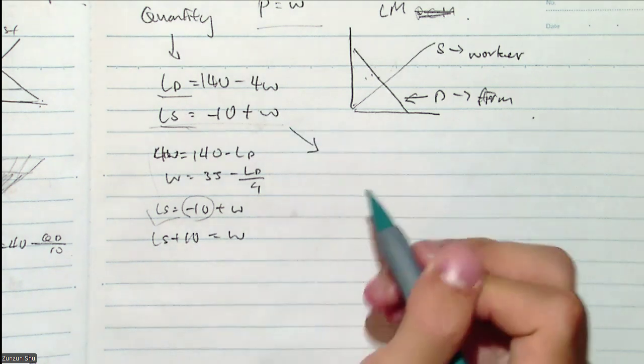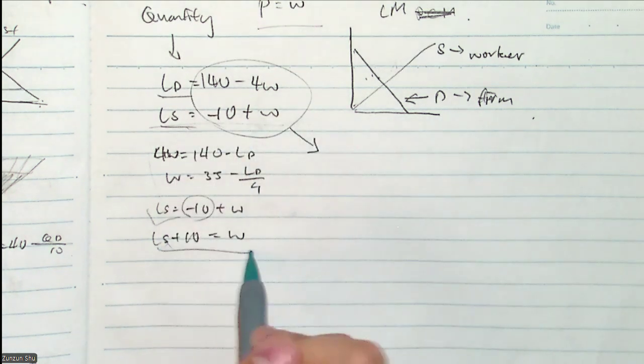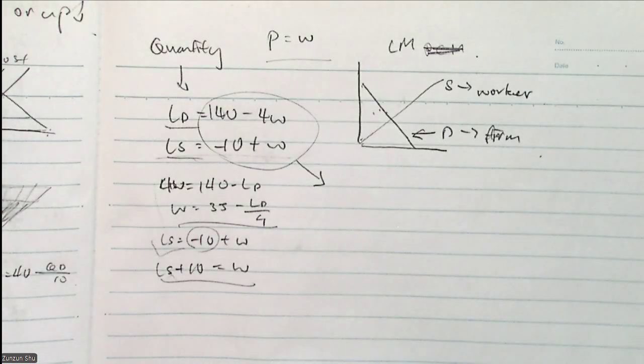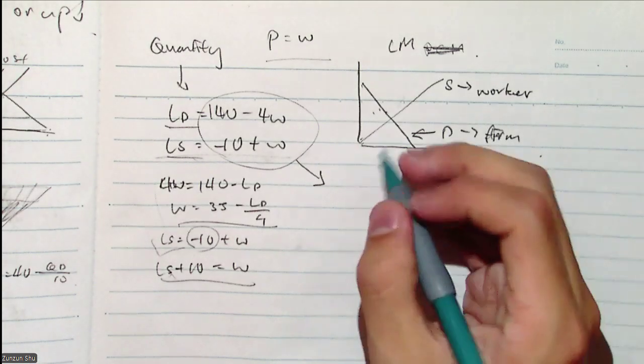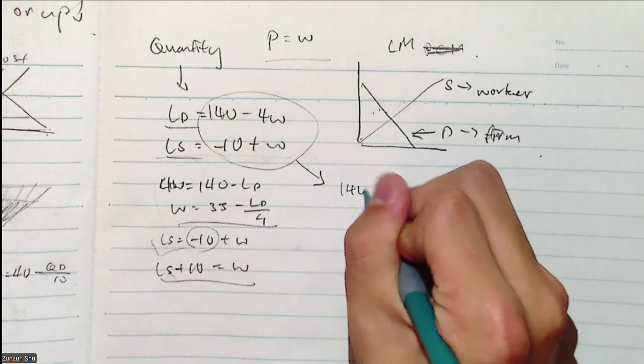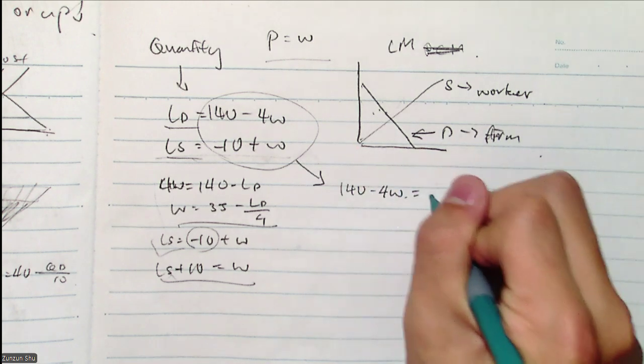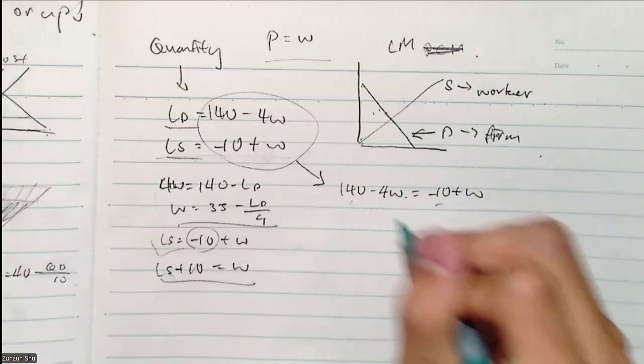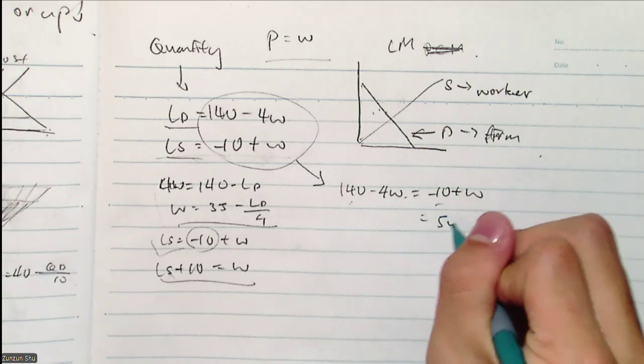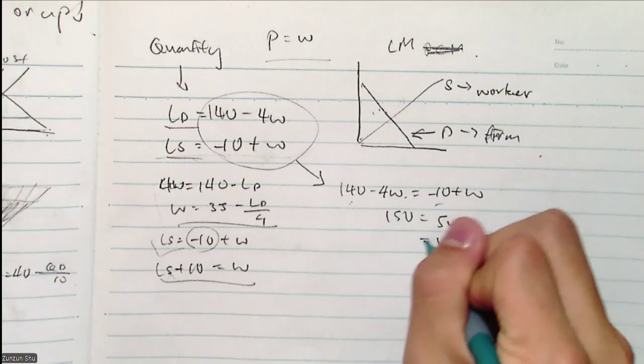We can also use the simpler equation to get our wage and quantity in equilibrium. So 140 minus W is equal to negative 10 plus W. Move this to that, then the other one to that, right? 5W equals 150. W equals 30.